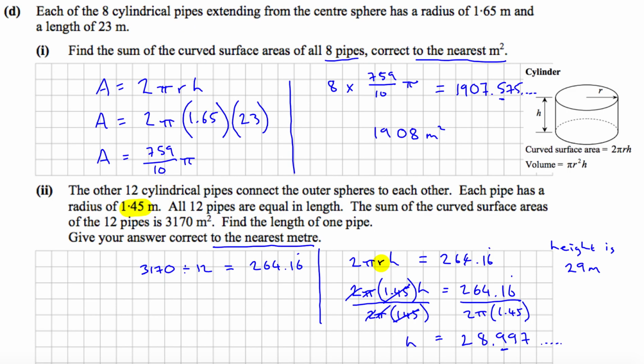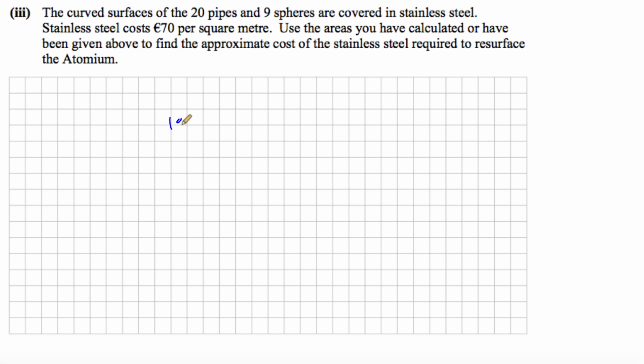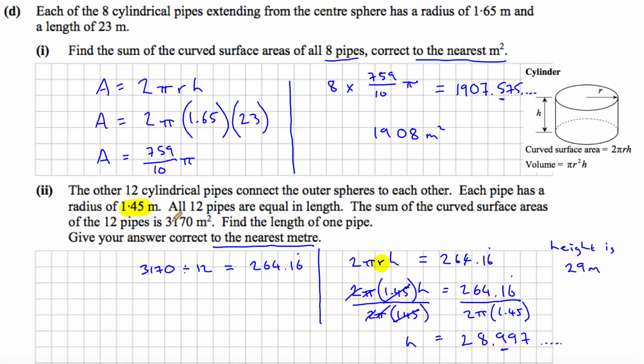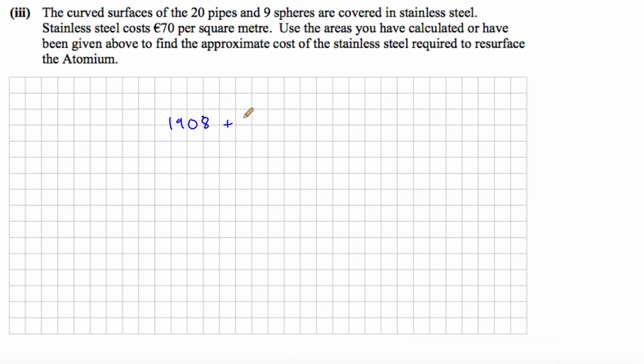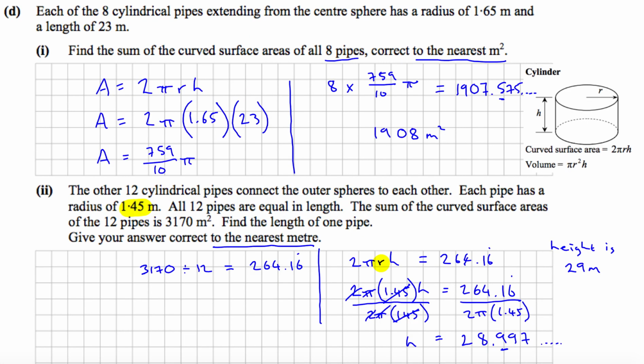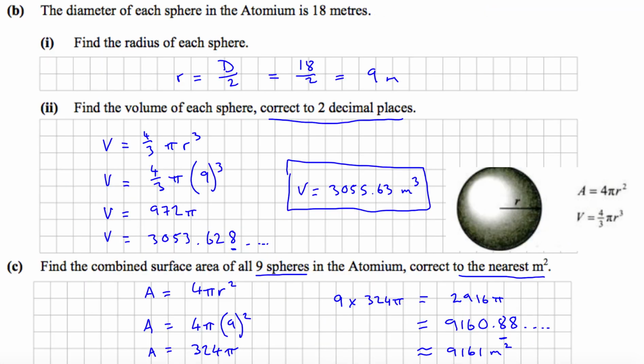So I had 1908 was one of them. I had the 3170, which was given to me. And also I had the surface area of the spheres, the 9161.